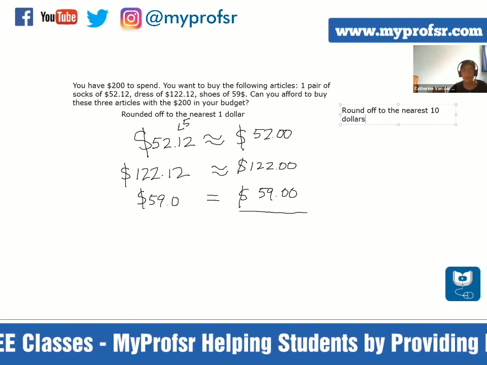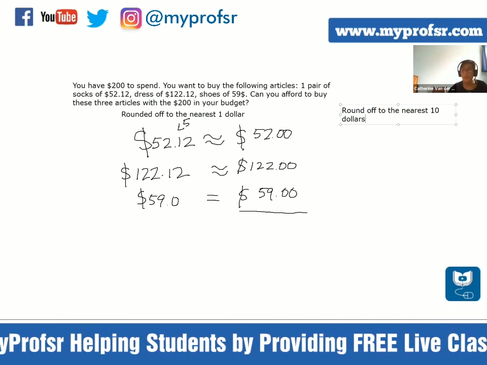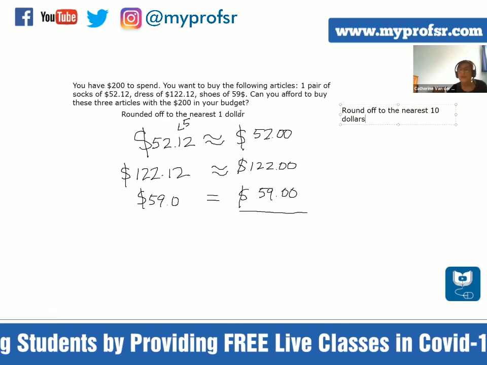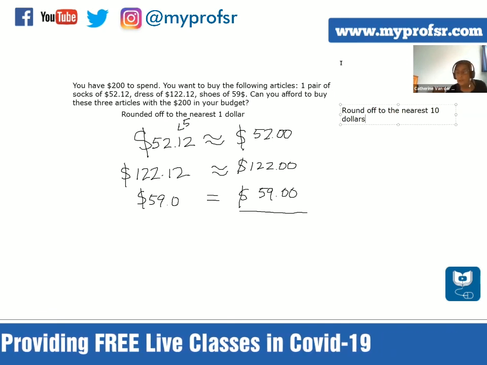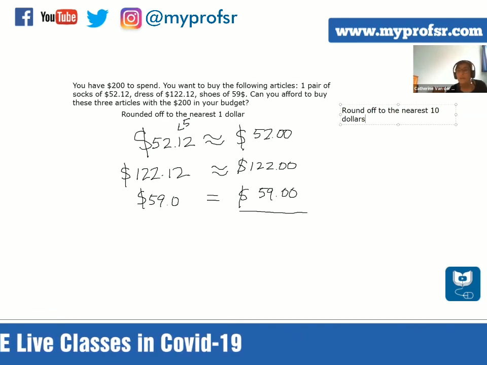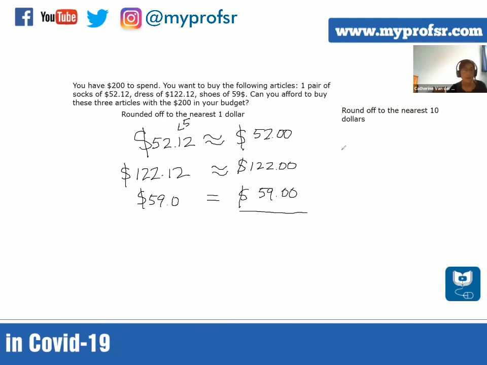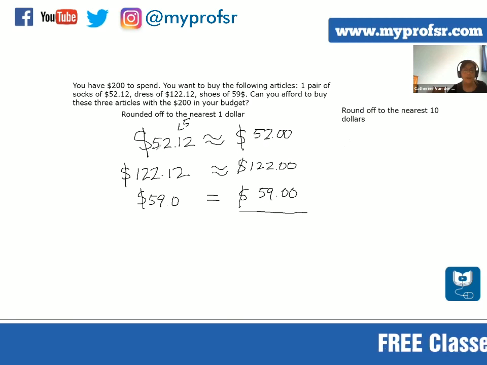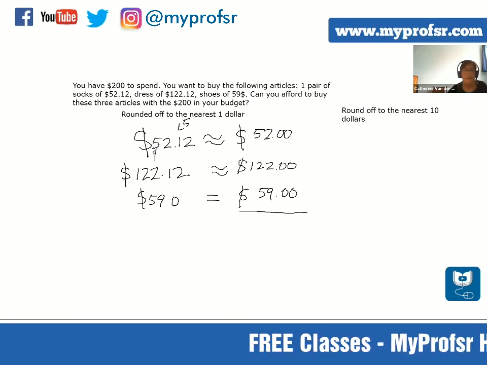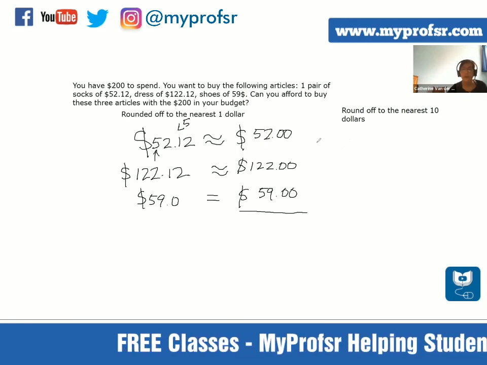So the 52.12 is now going to become, anyone who can help? If we're going to round off to the nearest 10, what is 52.12 going to become?